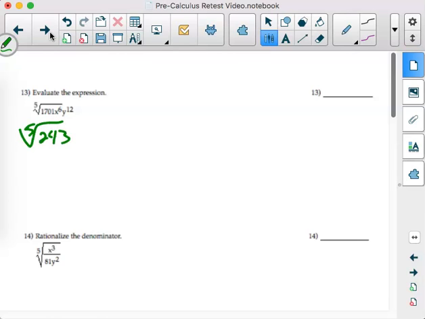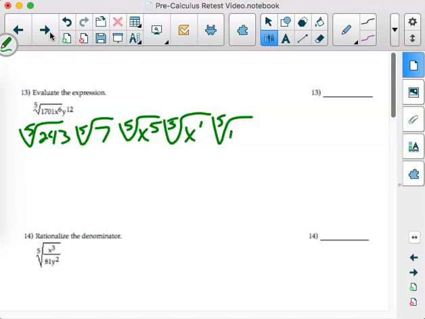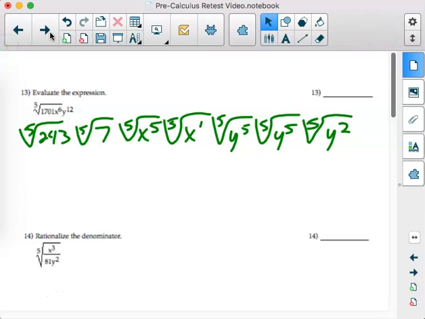And 243 goes into 1,701 7 times. And then I would have a 5th root of x to the 5th, but I'd have 1 left over to get me x to the 6th. I would have a 5th root of y to the 5th, a 5th root of y to the 5th, but I have 2 of those left over at the end.